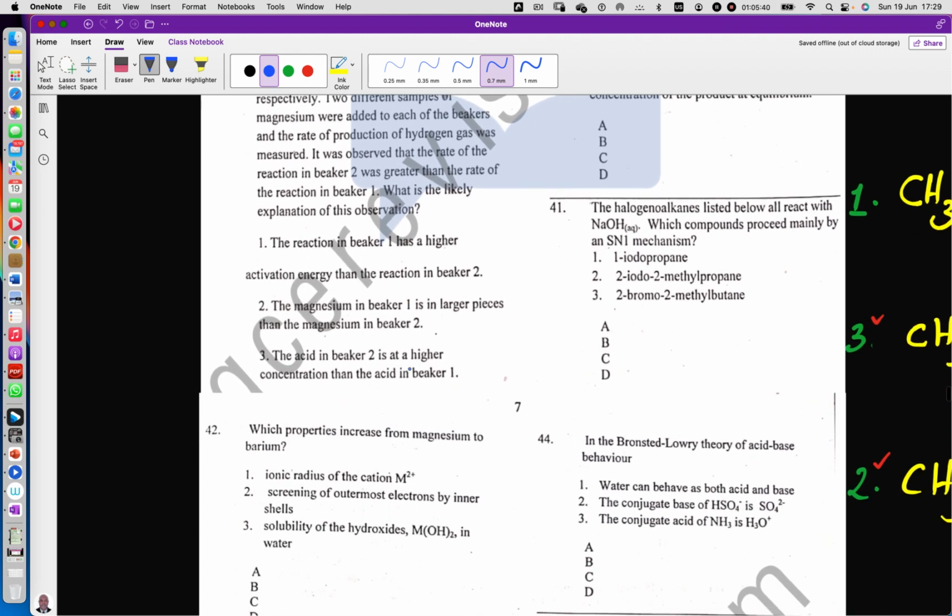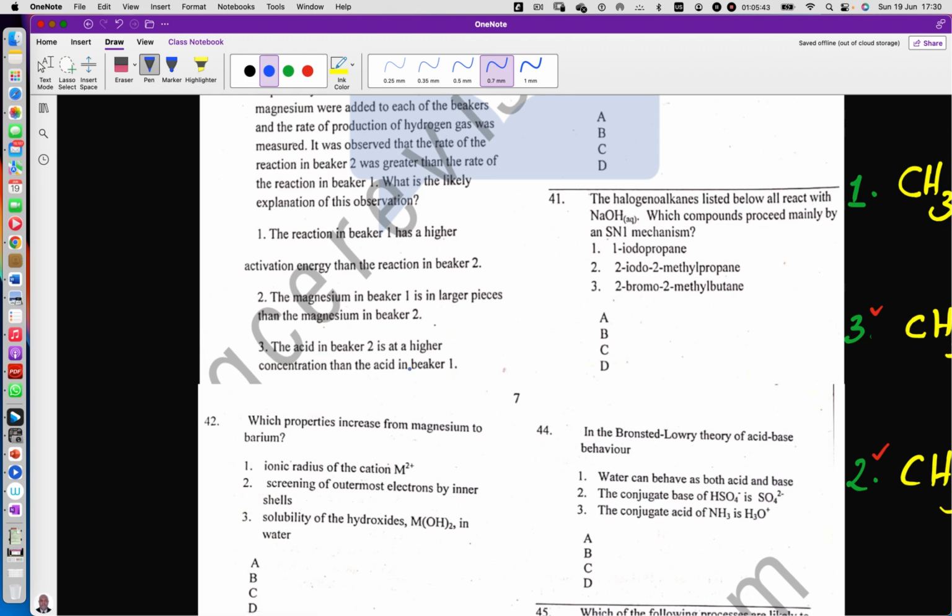Question number 41. The halogenoalkanes listed below all react with sodium hydroxide. Which compound proceeds mainly by SN1 mechanism? An SN1 mechanism, which we call nucleophilic substitution unimolecular.